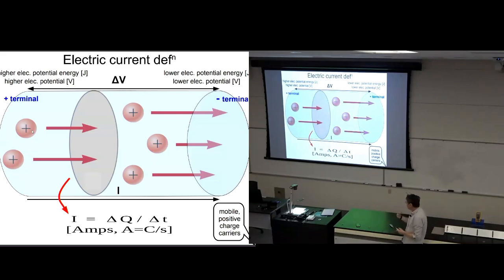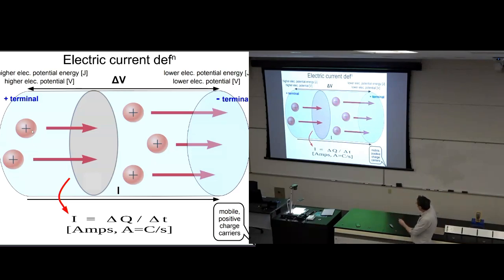Now for positive charge carriers, so here's a positive charge carrier, here's another one, another one, another one. For these positive charge carriers, the top of the electrical potential hill also corresponds to the highest point of their electrical potential energy. So they have the most electrical potential energy over here on the left, and then they fall down the hill and have the least amount of electrical potential energy over here on the right.